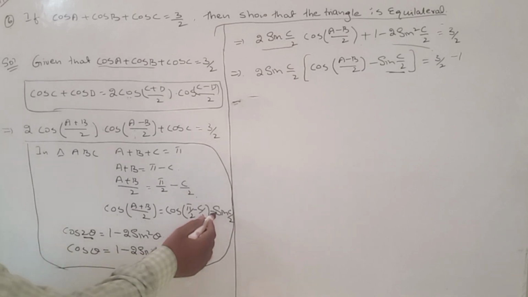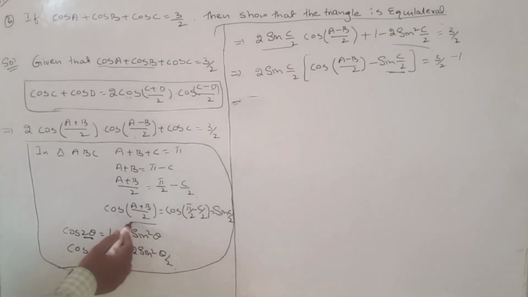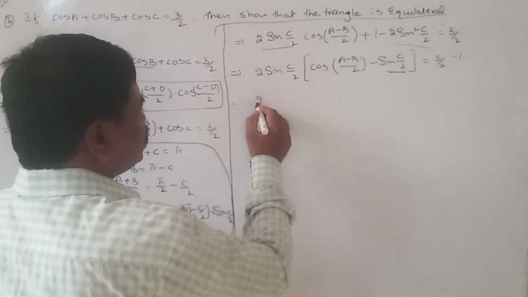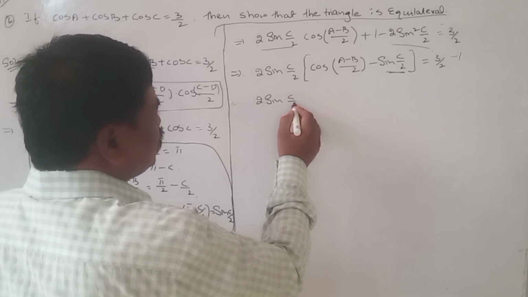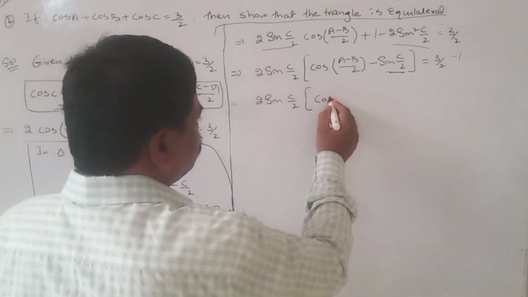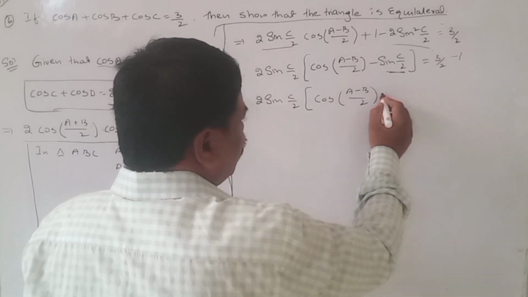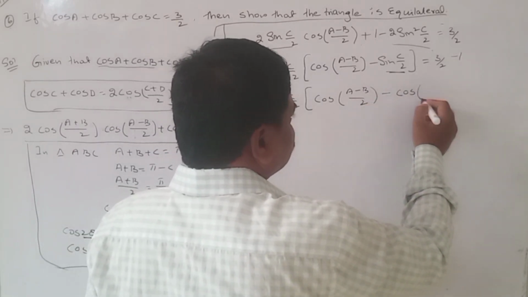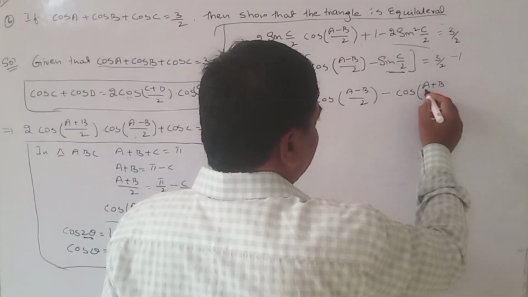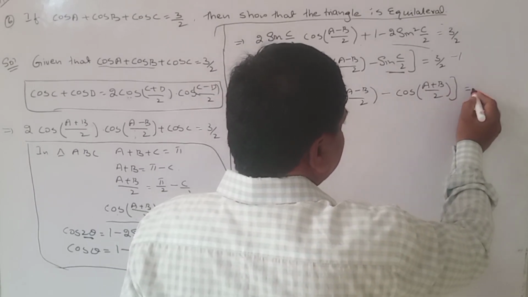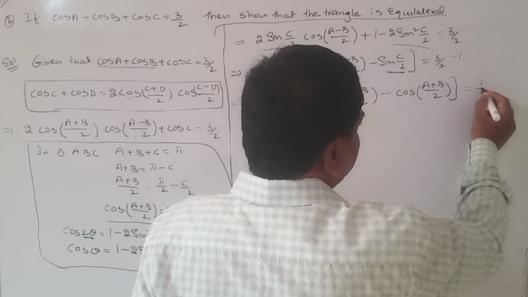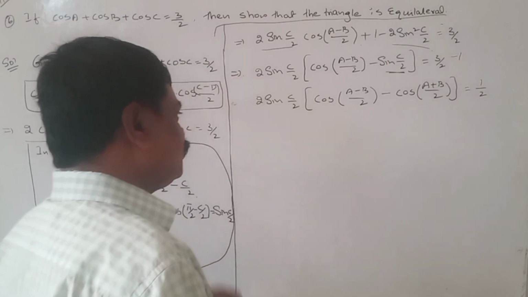We have to substitute cos of (A plus B) by 2 in place of sin C by 2. So this is 2 sin C by 2 into [cos of (A minus B) by 2 minus cos of (A plus B) by 2] is equal to 3 by 2 minus 1. This is 1 by 2.